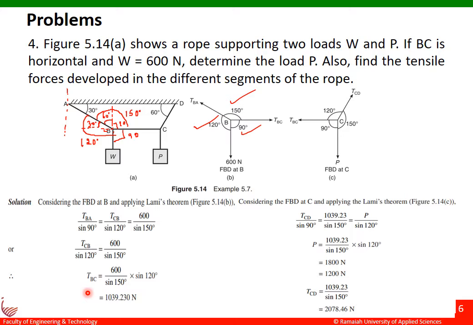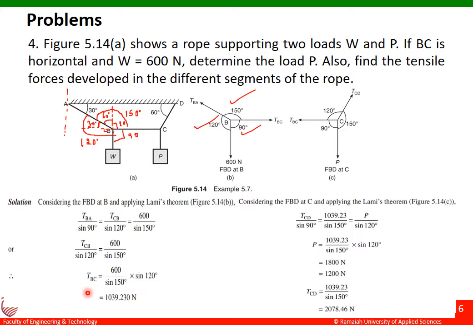You can see TCB is written there instead of TBC. Both are the same. Now after substituting, we are getting the answer for TBC as 1039.23 Newton.